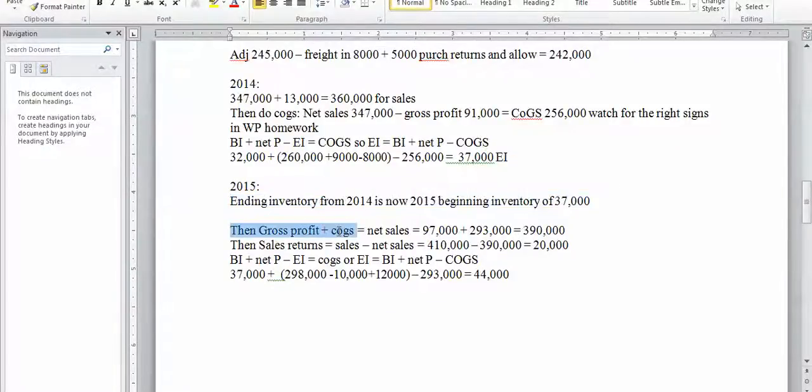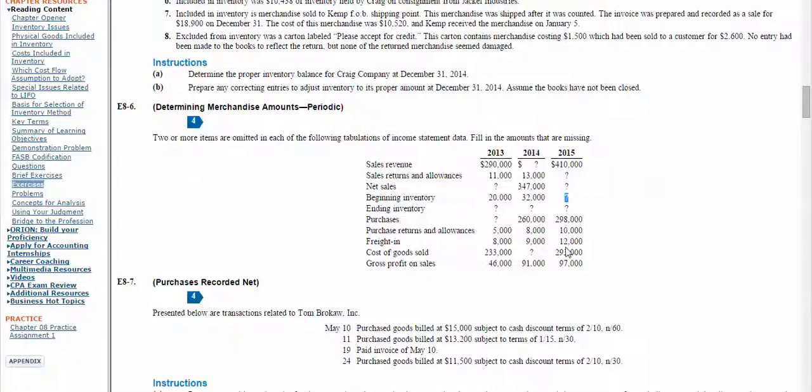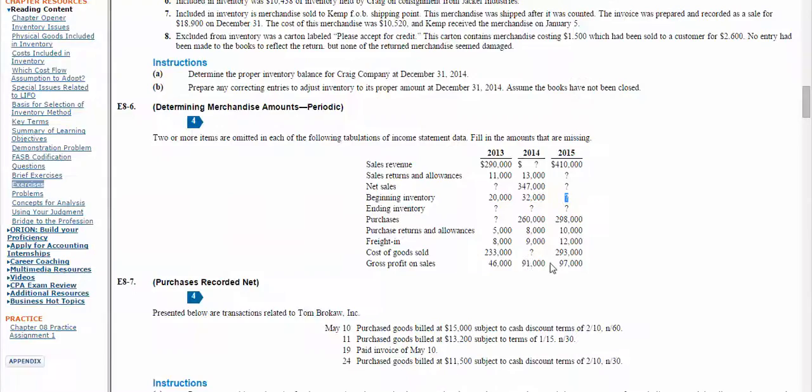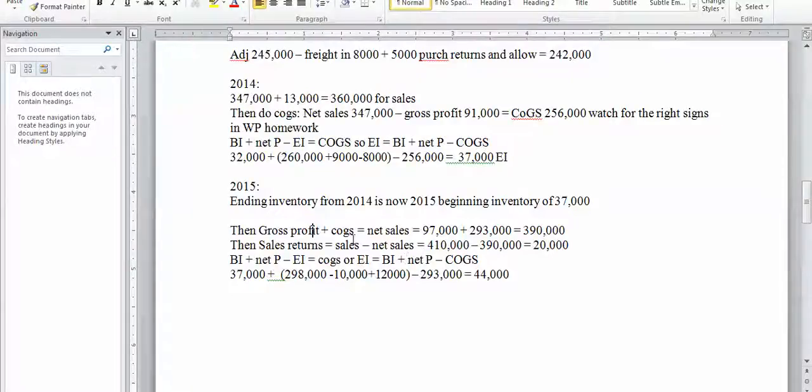Then we'll figure out gross profit. We're given gross profit and we're given the gross sales.